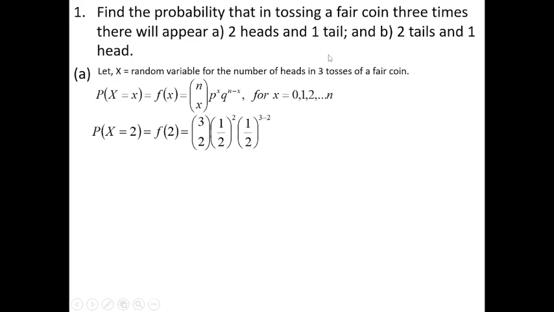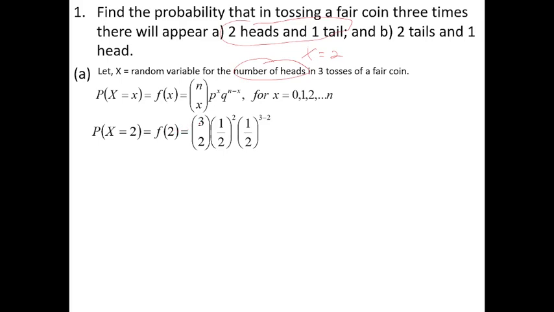If we let x be the random variable for the number of heads, therefore, x is equal to 2, right? Because there will appear 2 heads and 1 tail. That's why x is equal to 2 here, which is f of 2.